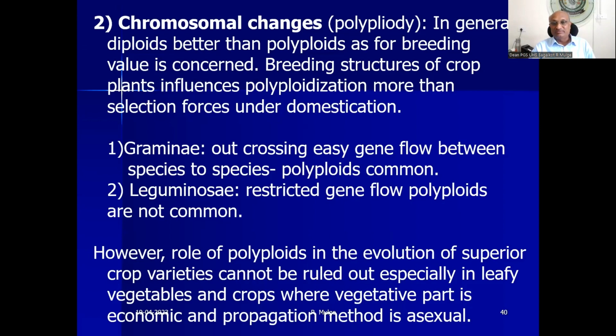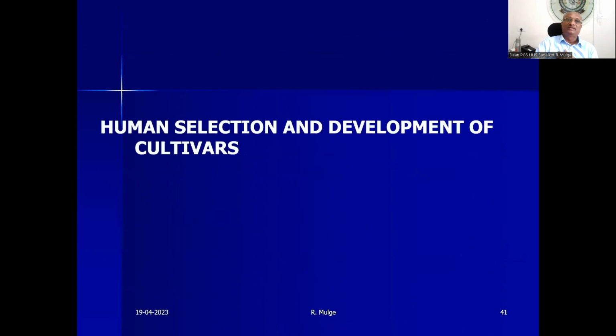Although in leafy vegetables and some of the crops that were asexually propagated, there the ploidy value is there. Polyploids have given. There can be a few exceptions also.